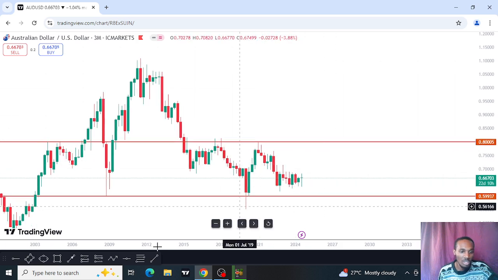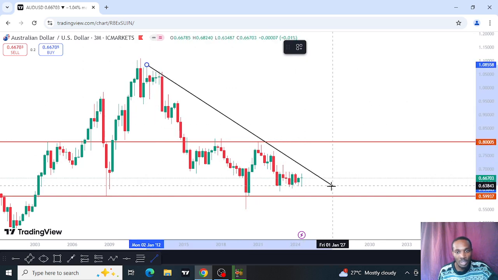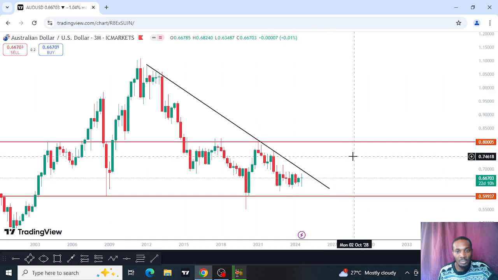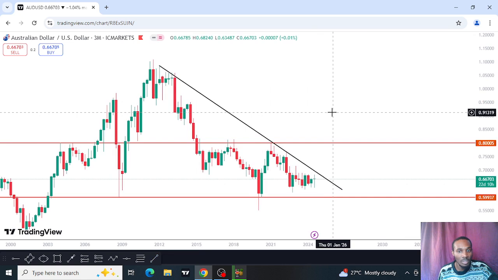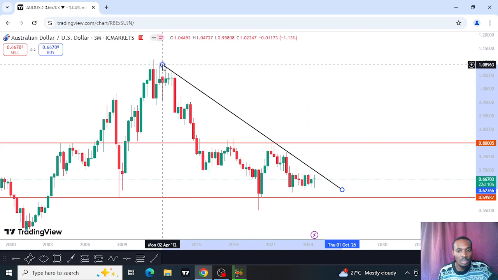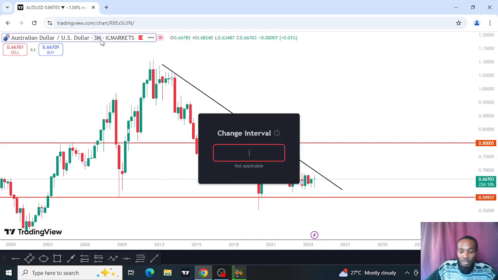So what am I seeing here from the 3 months chart? I'm seeing bearish trend, this trend line all the way to the downside. Buyers are.